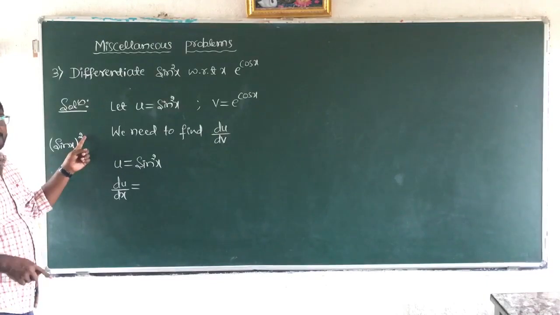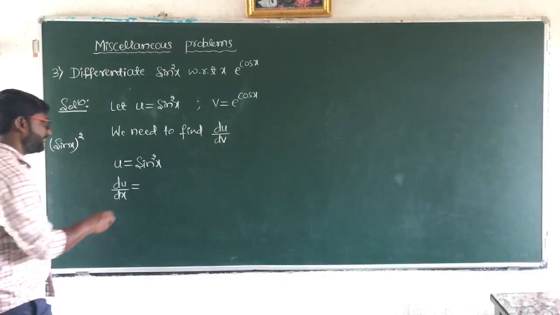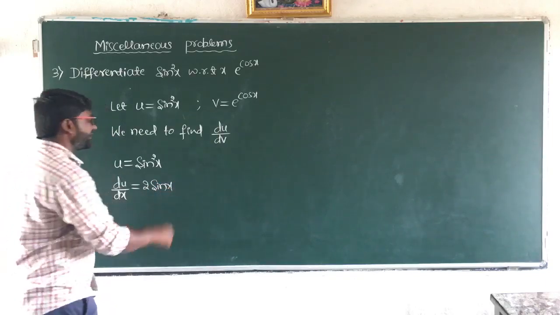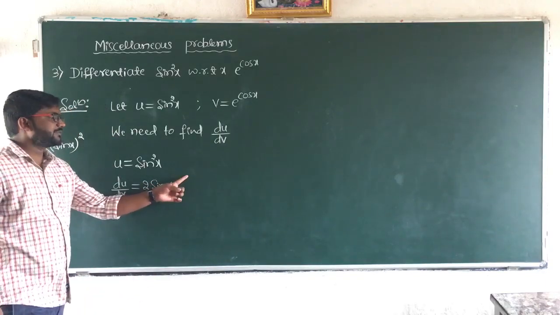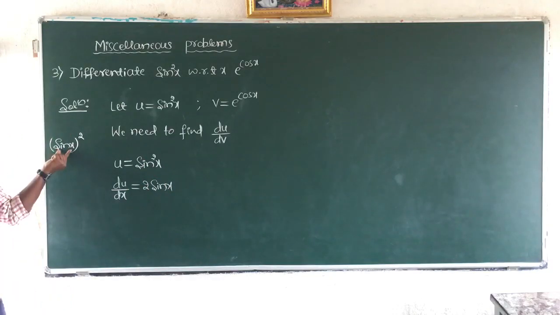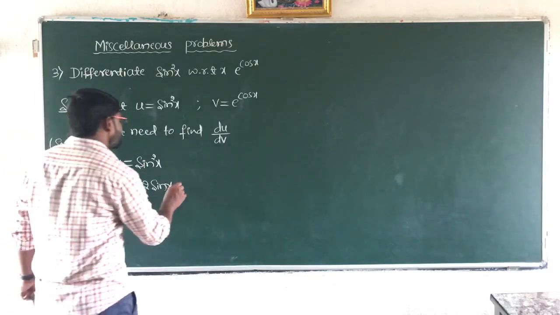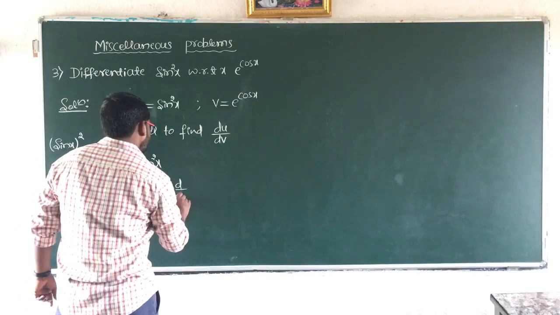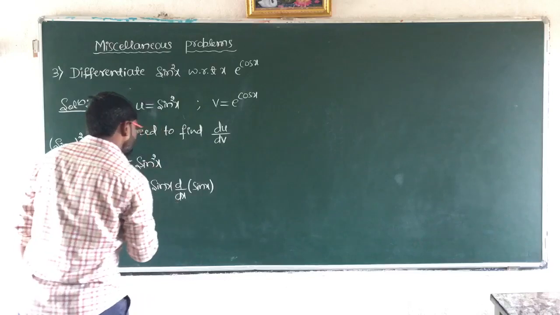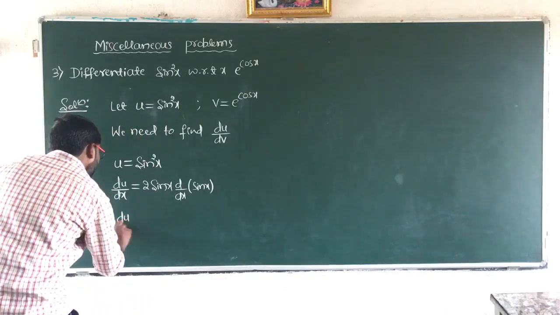Derivative of x to the power n is n into x to the power n minus 1. So n into x to the power n minus 1, where 2 minus 1 will be 1, that I have not written, into the derivative of the inside function, d by dx of sin x.